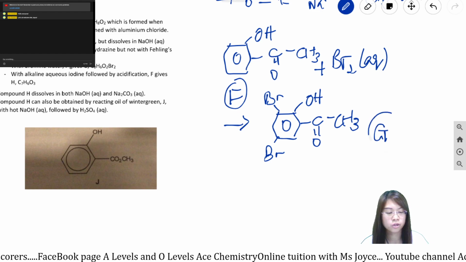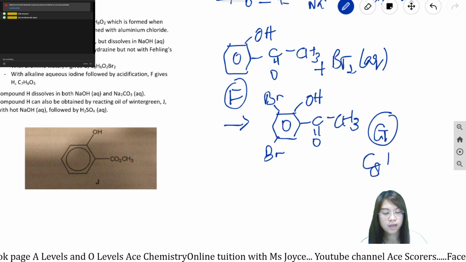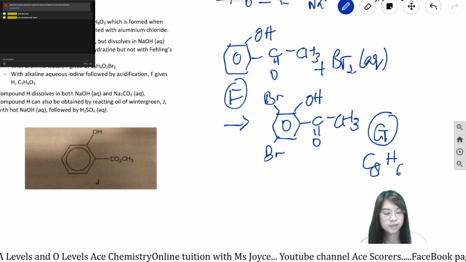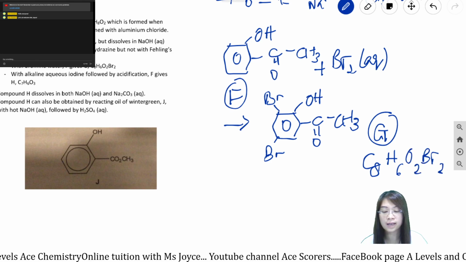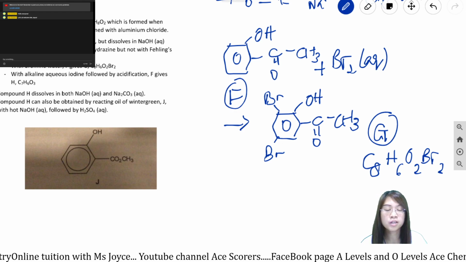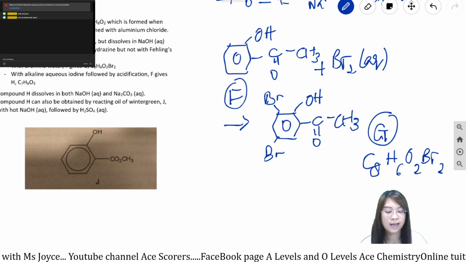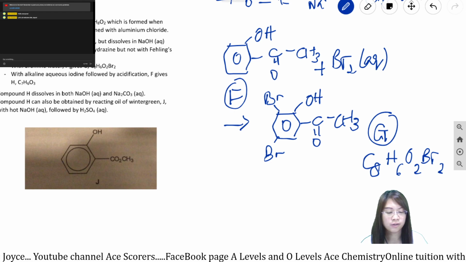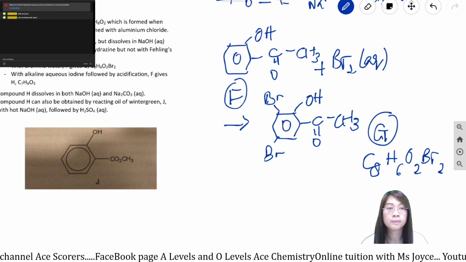And what is G? G is C8H6O2Br2. And you can see that it tallies with the chemical formula. To make sure that you got the correct structure, you have to check the number of elements for the whole molecule and see that it tallies with the chemical formula.